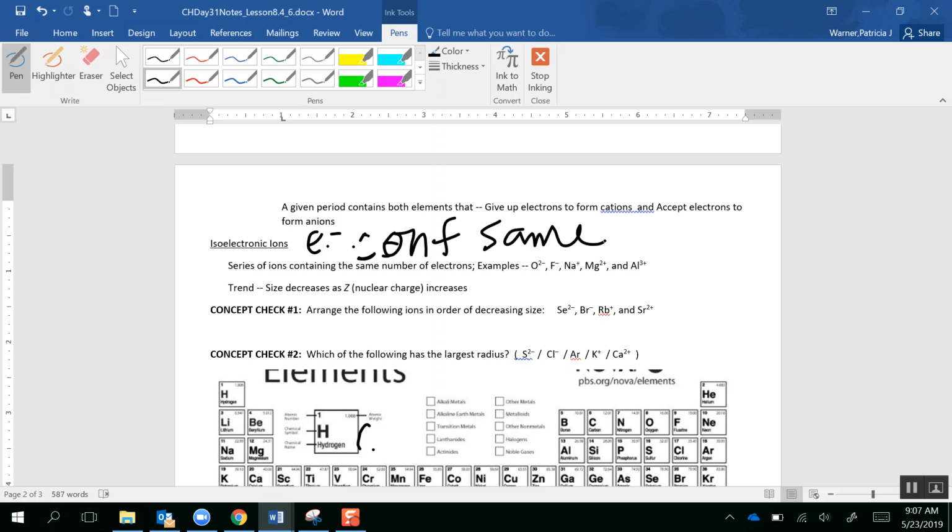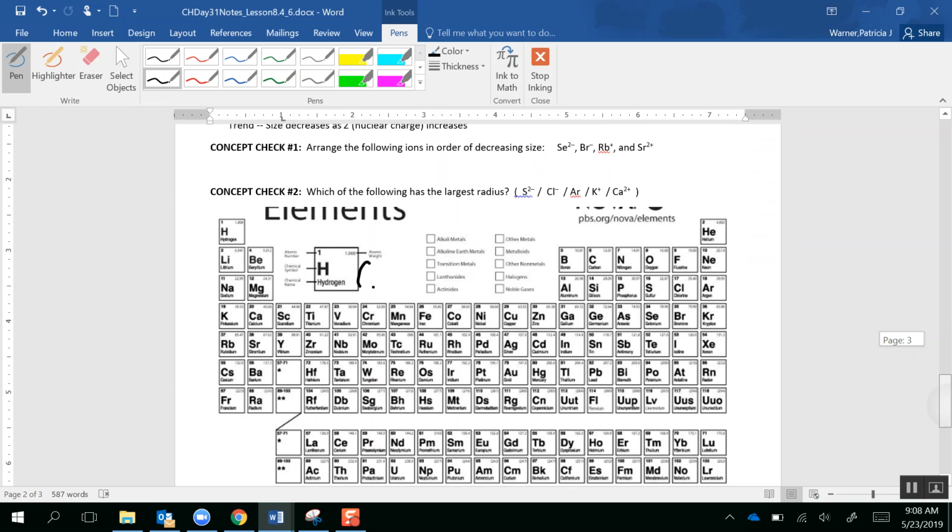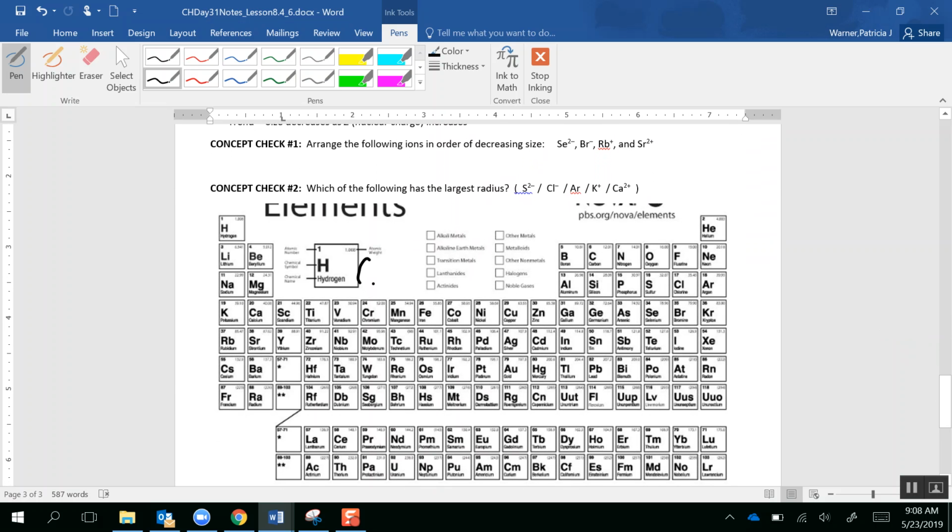So let's look at this periodic table and this concept check question number 1. We're going to arrange the following ions in order of increasing size. So we're talking about selenium ion, bromine ion, rubidium ion, and strontium ion. All of those ions are going to have the same electron configuration as krypton, and so they're going to have 36 electrons.